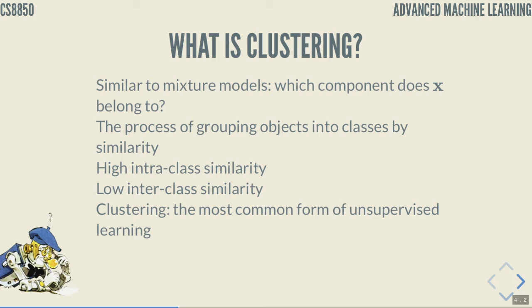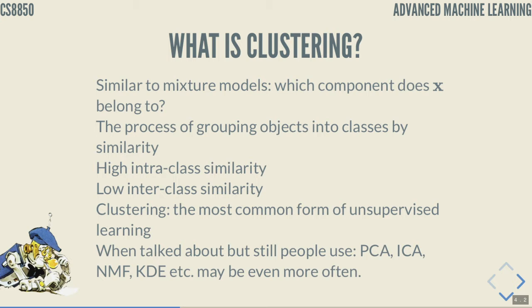So clustering is the most common form of unsupervised learning, as they say. Although I have to make this note, we've talked about PCA, ICA, NMF, kernel density estimation, and so on. Those are also unsupervised methods, and they're very commonly used, even in clustering as an unsupervised technique, and within the supervised world as well.